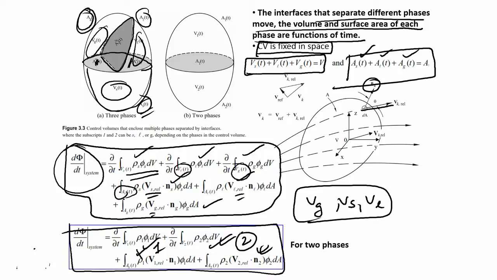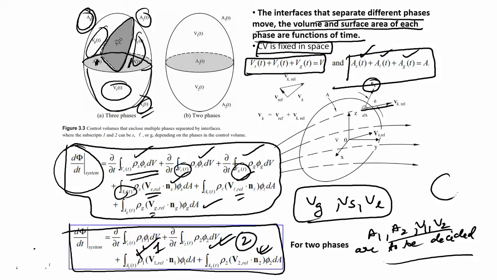You can have a phase 3 also, but the important consideration here is that A1, A2, V1, V2 are to be decided. It is not that easy, because you do not know the extent of each of the individual phases. If it is a nice droplet in a pool of liquid or a vapor bubble in a pool of liquid, then you know the individual things.